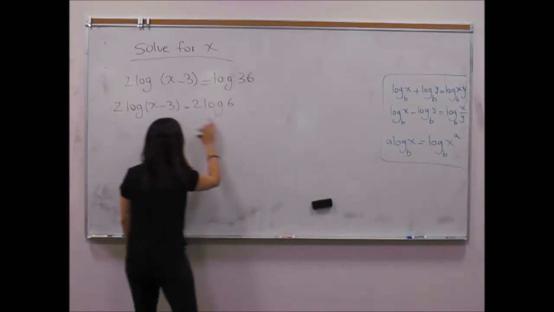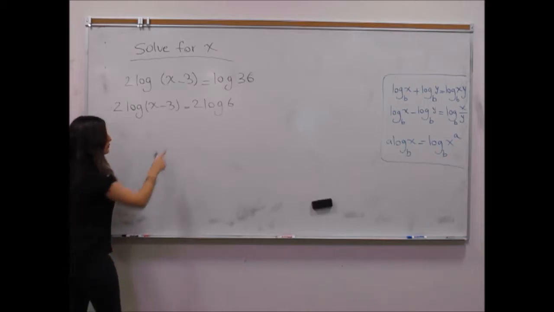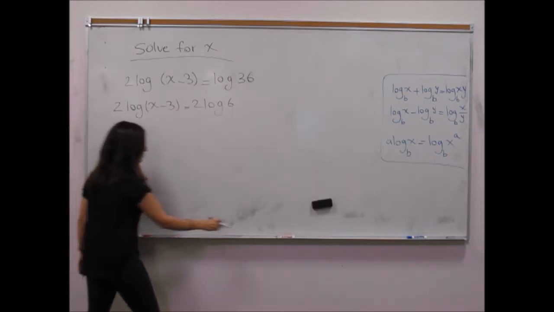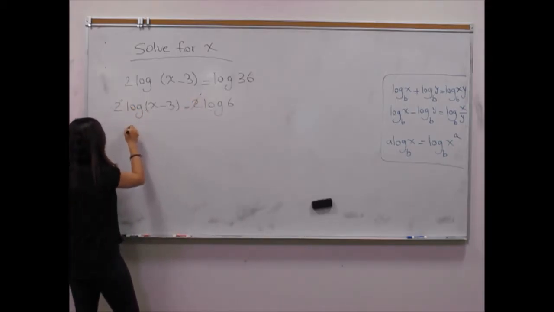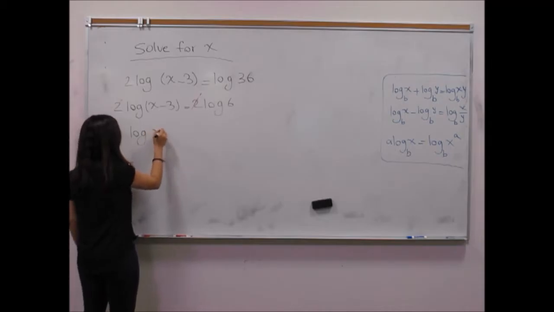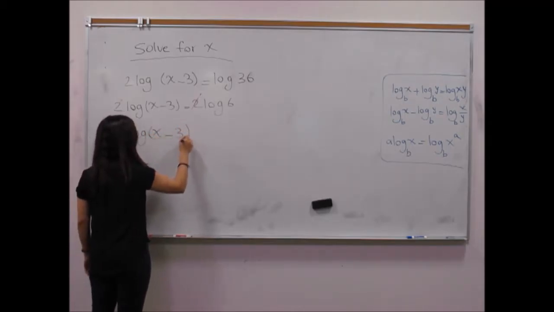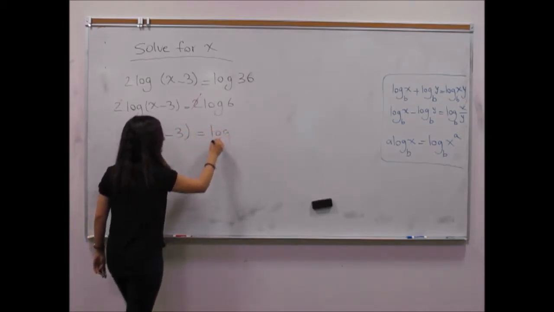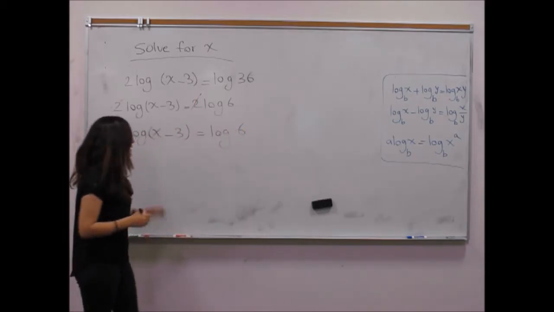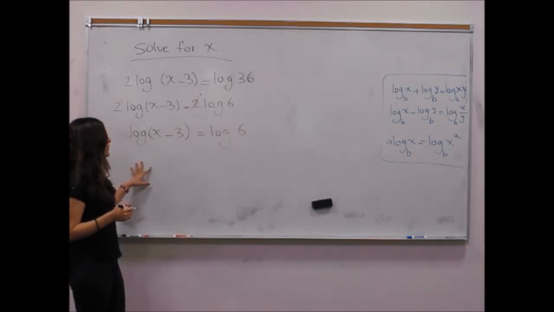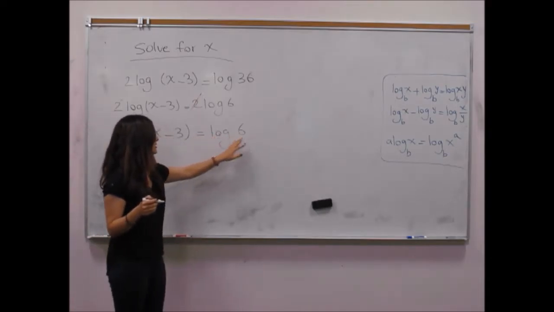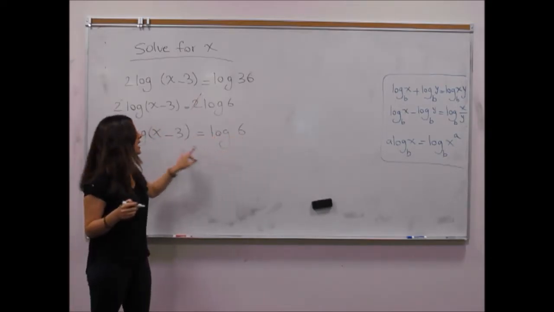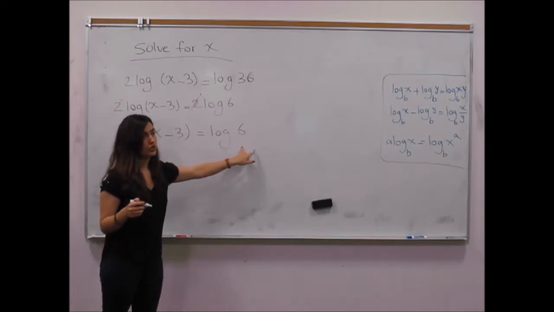And then I can divide both sides by 2, and these 2's cancel. So I have log of x minus 3 equal log of 6. So we don't have to change to exponential form. When I have log of something equal to log of something else and the bases are the same, I can set the arguments equal to each other.